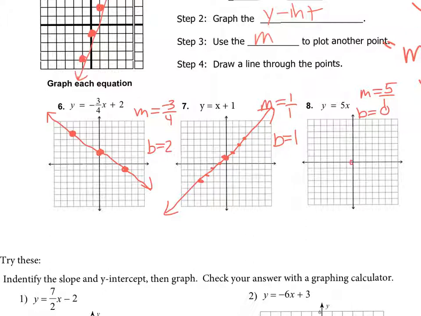That means it's going to cross the y-axis right here at the origin. And then a slope of 5 tells me to go up 1, 2, 3, 4, 5, and over 1. And I can also go down 1, 2, 3, 4, 5, and left 1. And there's my slope. Okay. Any questions? Okay.